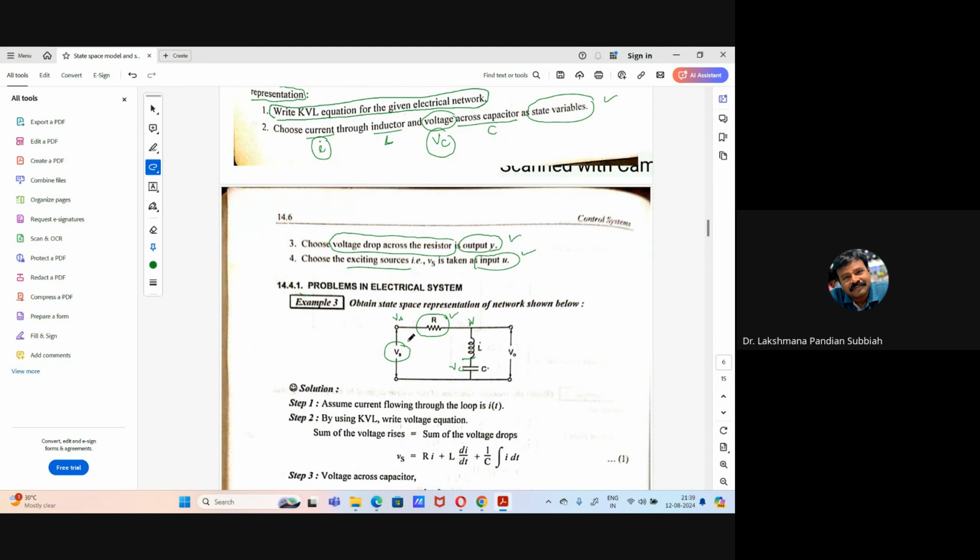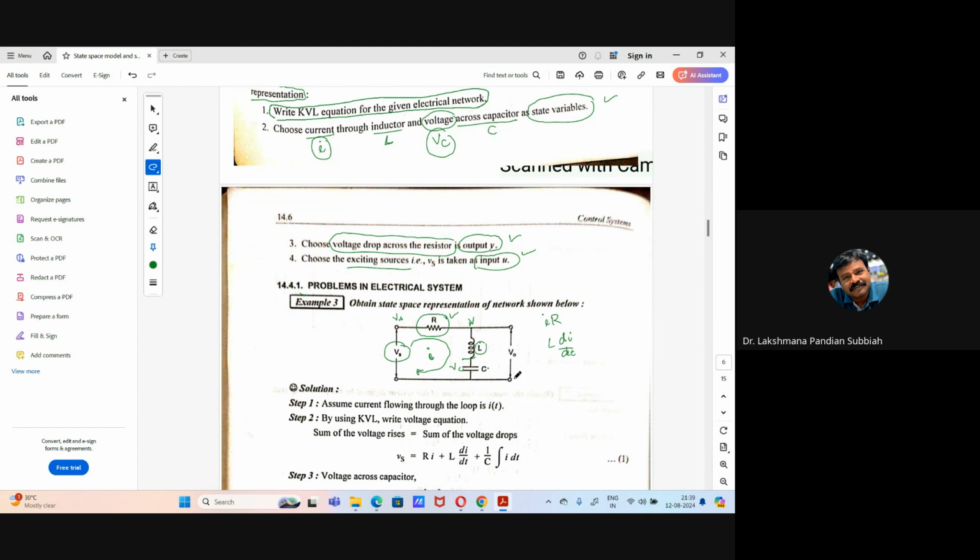This is one loop, and the current through the loop we consider as I. The voltage drop across the resistance is I into R. Next we have the inductor, where the voltage drop across the inductor is L dI by dt, the differentiation of current.